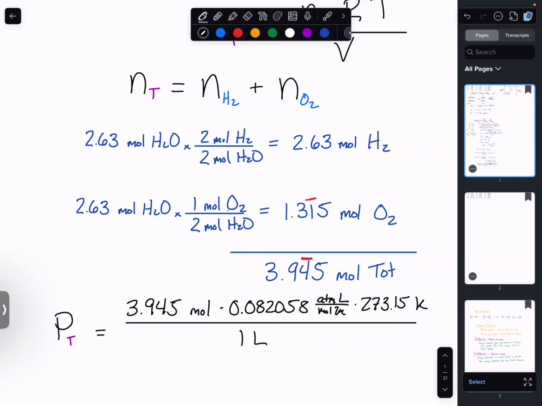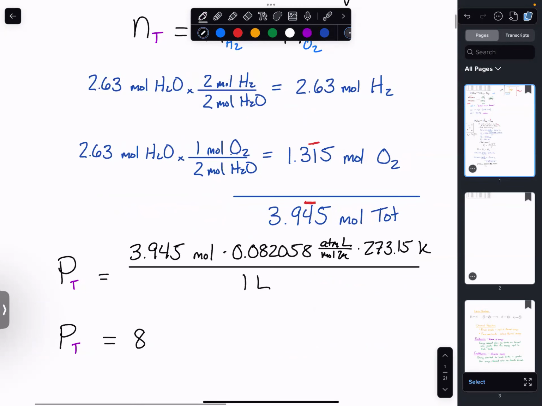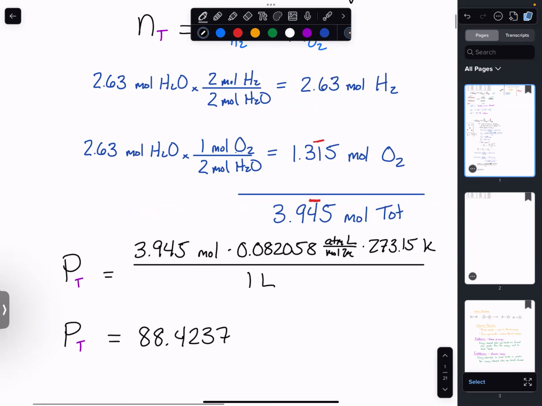All right, or a total pressure of 88.423 something atm. All right, let me begin with my sig figs. I'm limited to those 3 sig figs.